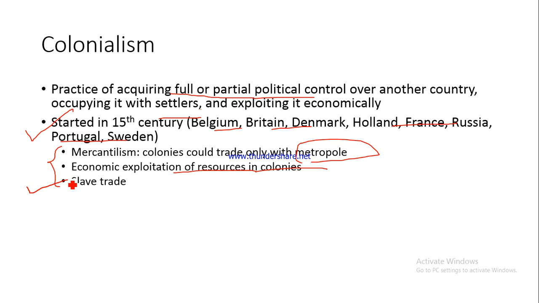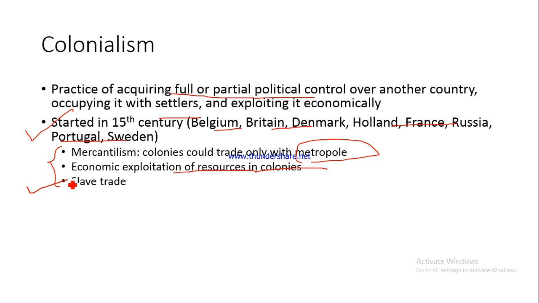Then many a times slave trade also used to take place from the colonies. The workers were taken to work in the farms in the colonial country, or maybe in some other colonies. I'll give you the example of many Indians who were taken away by Britishers to the African continent, and the whole objective was to make them till the field there, to make them do the cultivation there.